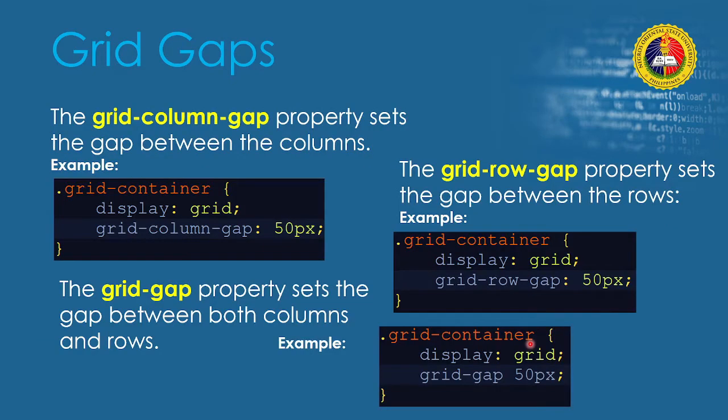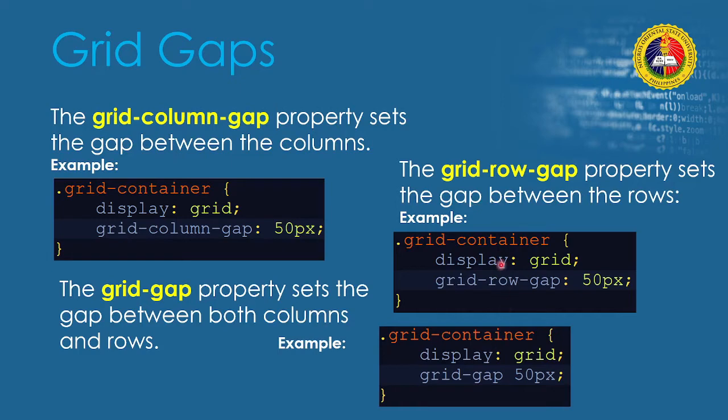Alright, so for example here, the grid-column-gap property sets the gap between the columns. First we created our container, we set the display to grid, and then grid-column-gap 50. This gives us a gap between each column of 50 px. And then the grid-row-gap property sets the gap between two rows.